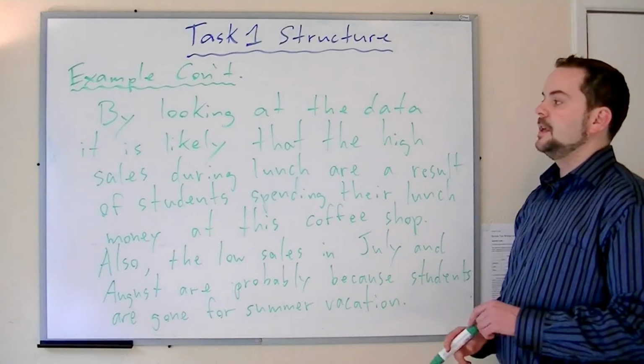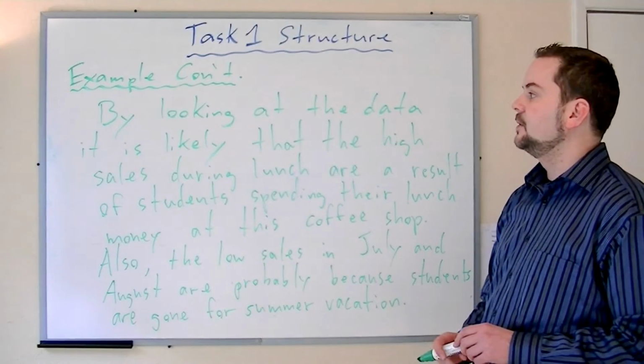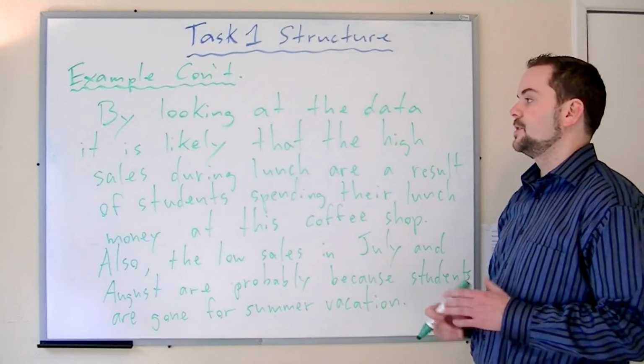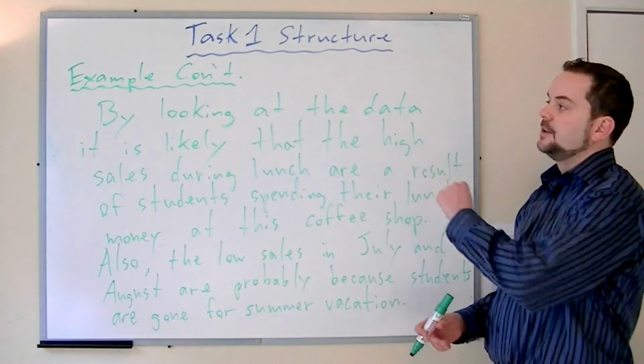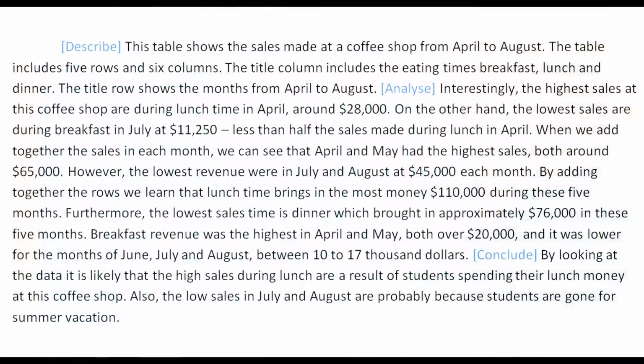Okay, and that's the end of the paragraph. So now have a look at the entire paragraph put together with the first part describe, the main second part analyze, and finally the conclusion that we just wrote here.